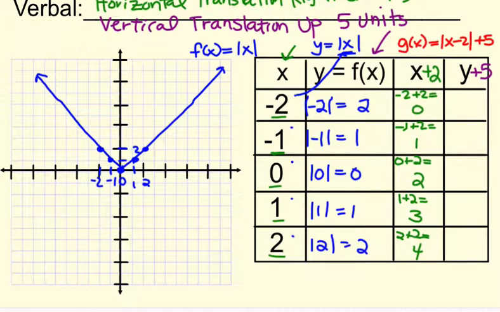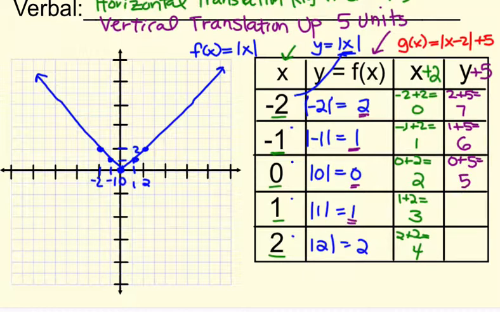Now let's go to the purple. We're going to add 5 to every y value. So 2 plus 5 equals 7. 1 plus 5 equals 6. 0 plus 5 is 5.